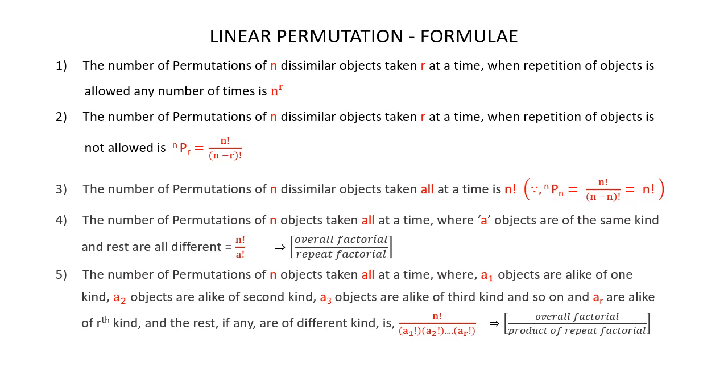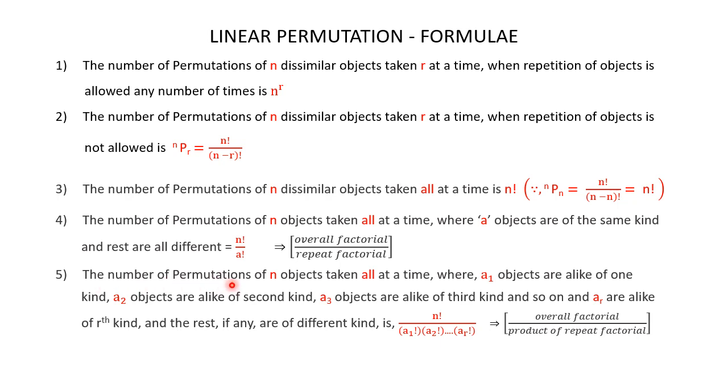The number of permutations of n objects taken all at a time, where A objects are of the same kind and the rest are all different, is equal to n factorial divided by A factorial. You can remember this formula as overall factorial divided by repeat factorial.